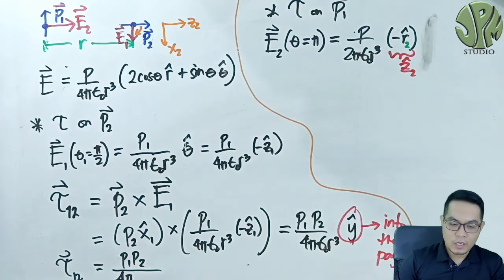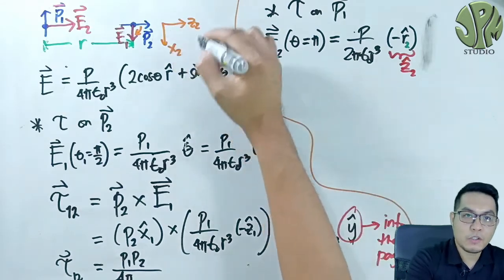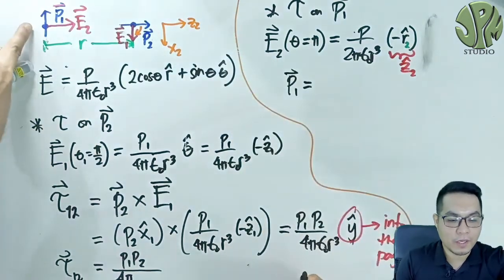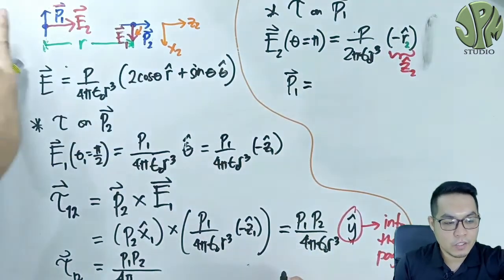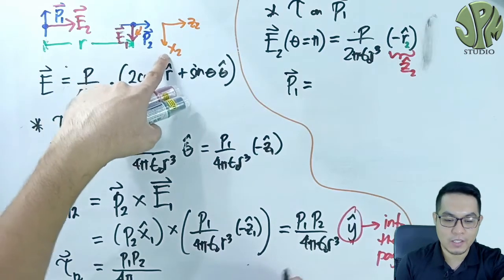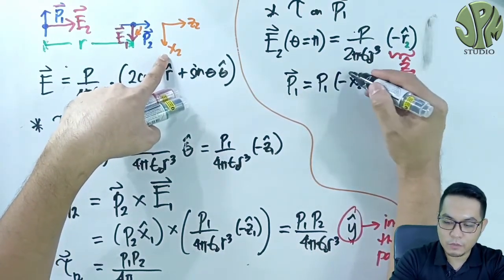Okay. From our new axis here, I can now define the P1 vector as directed upwards, and this is the positive x2 axis. So its direction will be negative x2 hat.